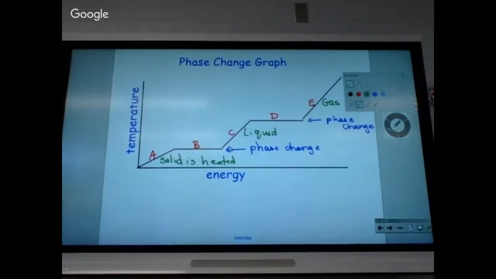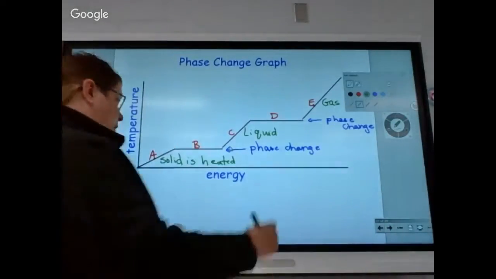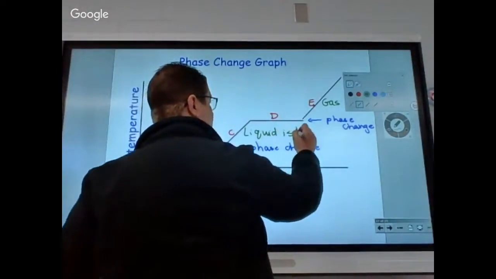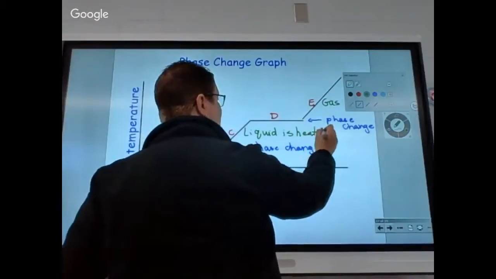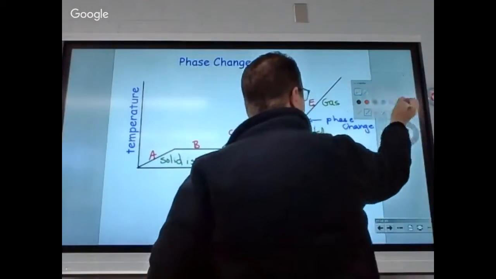Starts with a C. Cooled. But because the graph is going up, the solid is being heated. So what's happening to the liquids as the graph goes up? It's being heated. Now, what about the gas? It's also being heated.